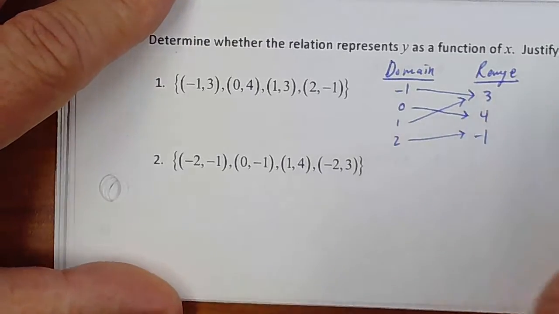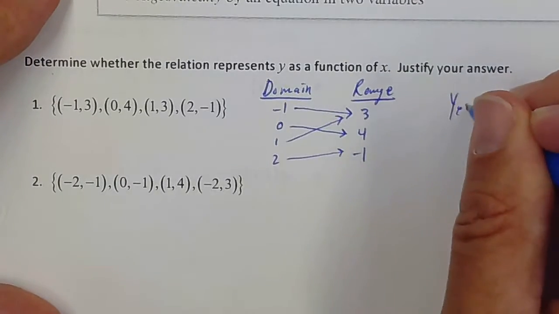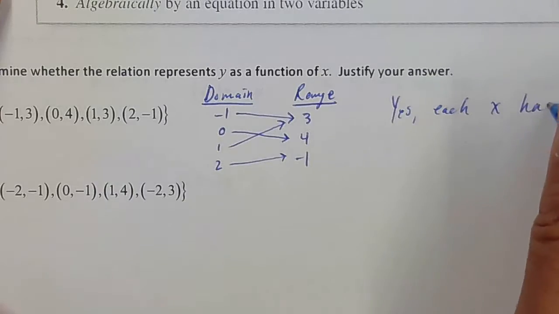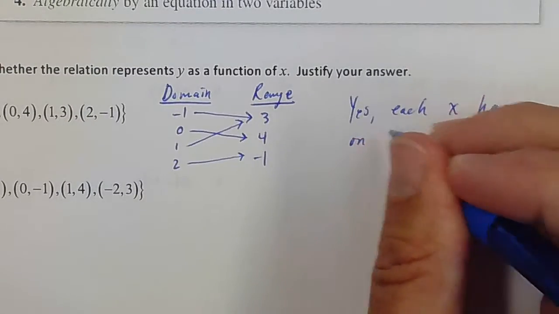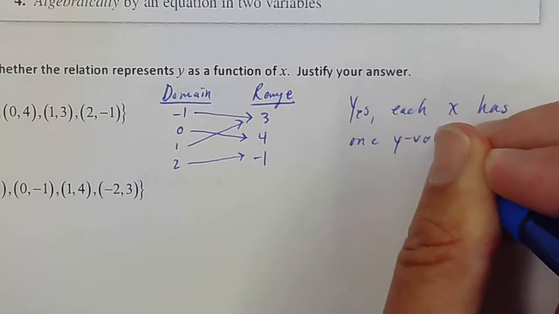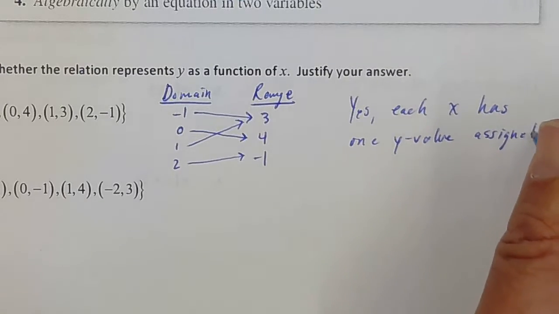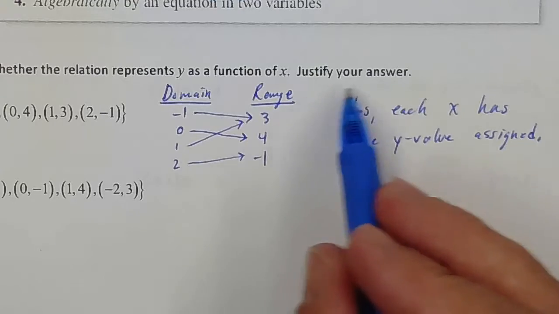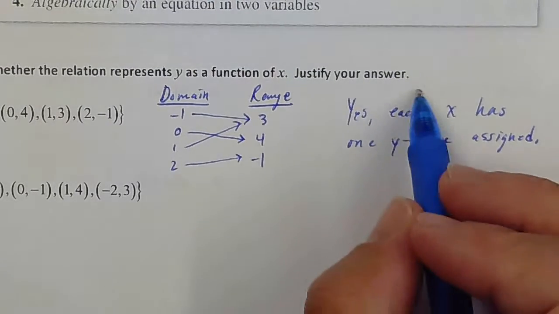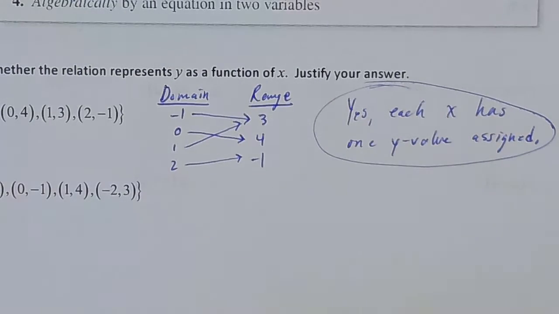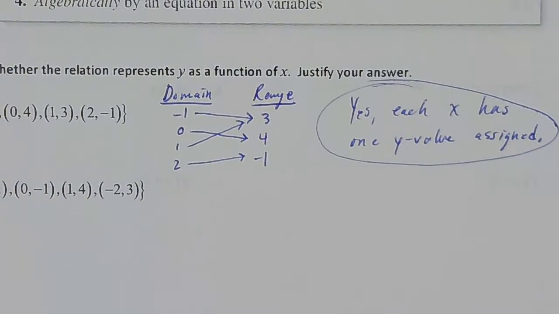Each X has one Y. So yes, each X has one Y value assigned. Okay, because I'm addressing the fact that it says justify your answer. Okay, so yes, it is a function. Okay, you go ahead and try number 2 on your own.